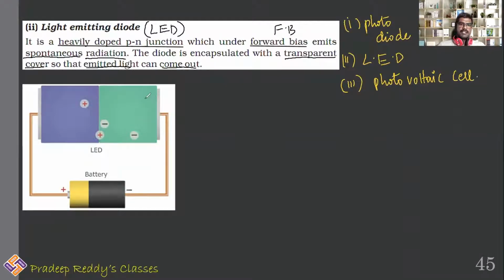So now this is a junction diode. The junction diode should be connected in forward bias, right? This is the positive terminal of the battery, and this is the negative terminal of the battery. The positive terminal is connected to the P type, and this is the N type.